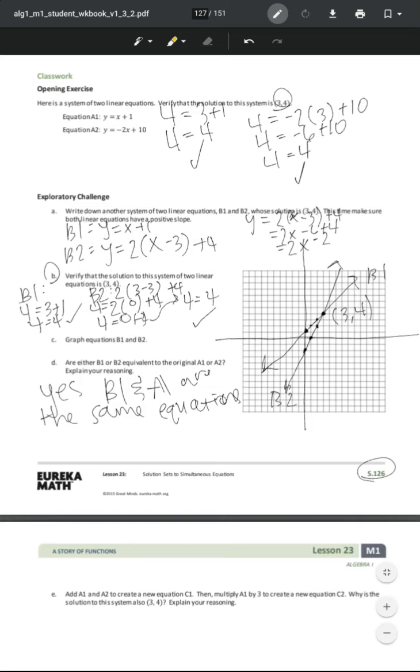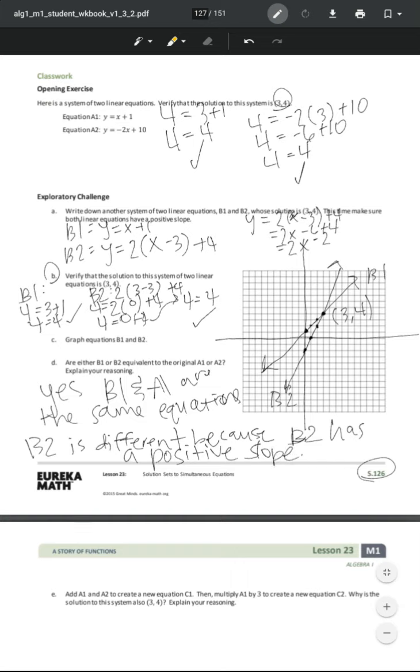However, B2 is different, because B2 has a positive slope and A1 does not.